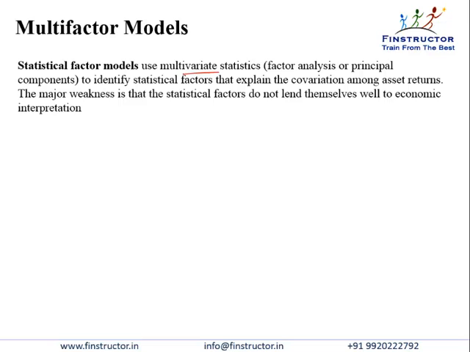So whatever set of factors best explain historical returns is what will be included. If we so find that the return on the Indian market is very highly correlated with rainfall in New York, then rainfall in New York will also be a factor in the statistical factor model, because this is pure maths.